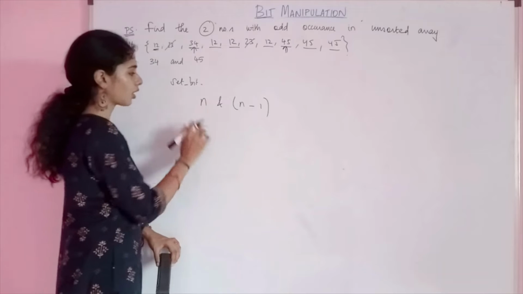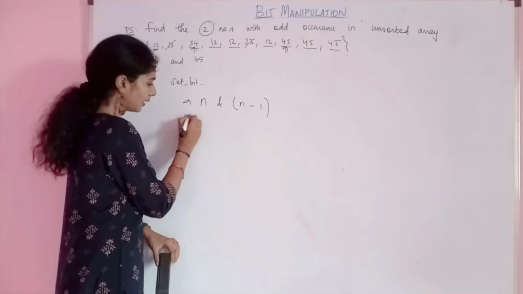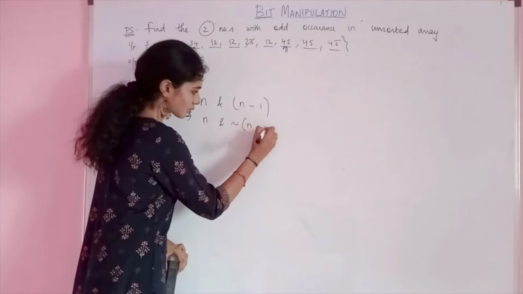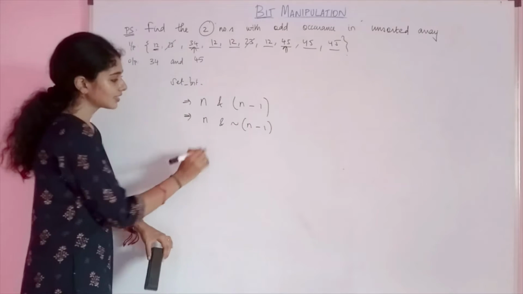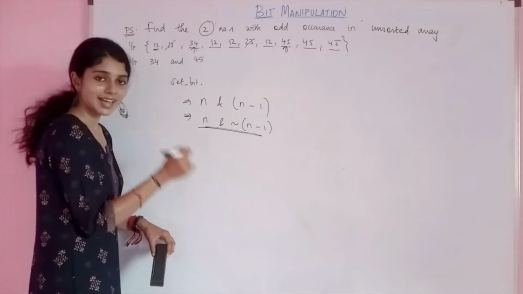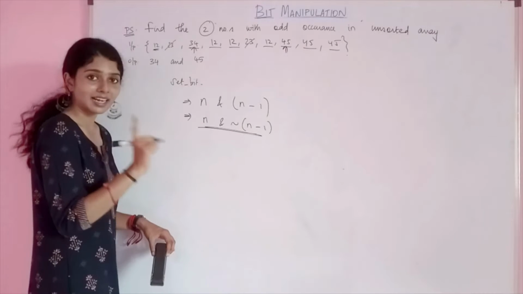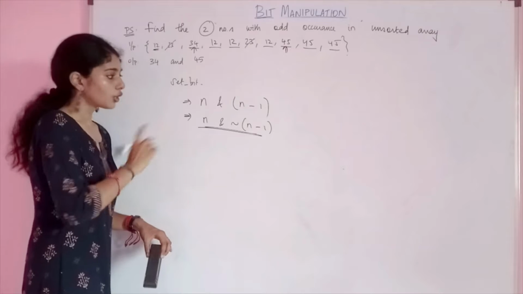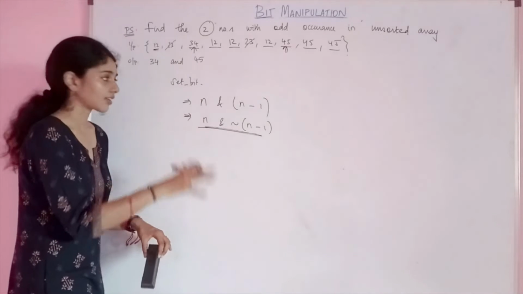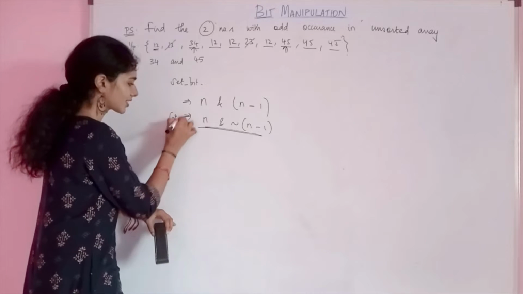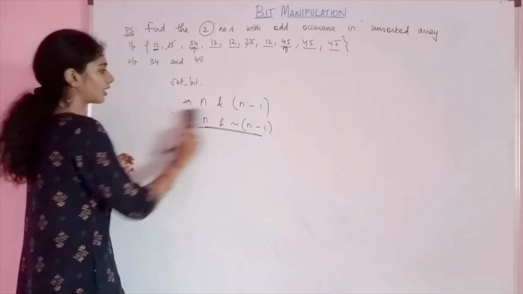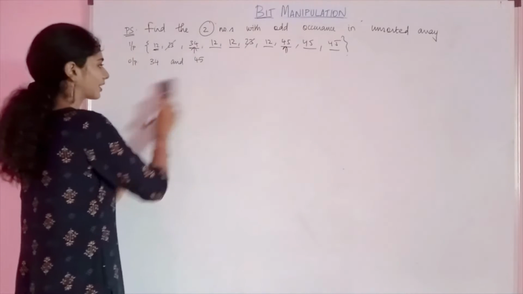But n AND negation of (n minus 1) will help us find one set bit, using which we can divide things into two different classes. We will be using this as a second concept. If you didn't understand, it's totally fine, but just make a note of this. This is how we will carry things forward.